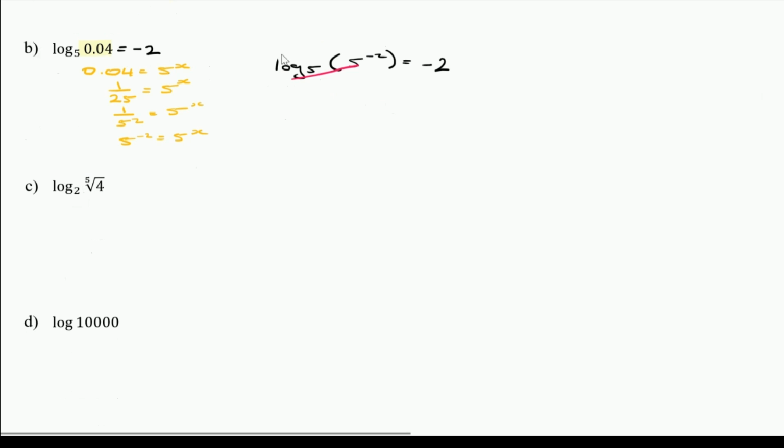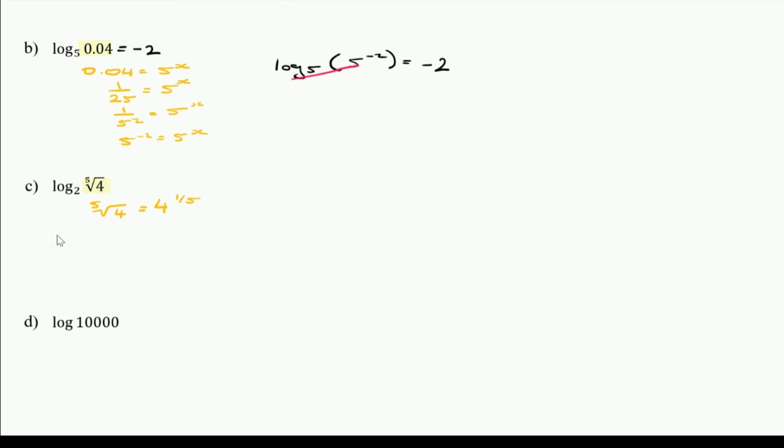Moving on, this one's a little bit more tricky, but again, we want to think about how can I rewrite this so that I have 2 to the power of something giving me this answer here. So if I had here the fifth root of 4, I know that this is the same as 4 to the power of 1/5 from our index laws. And I know that this 4 can be written as 2 squared.